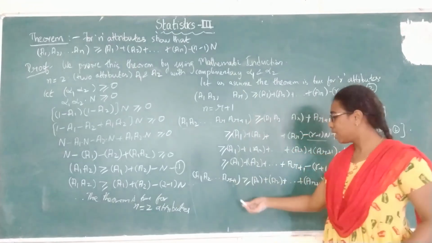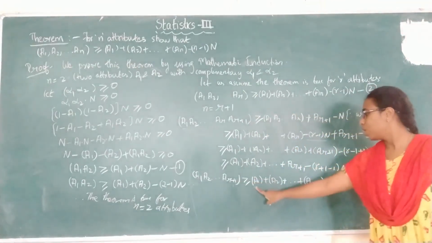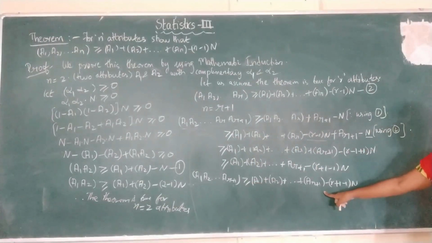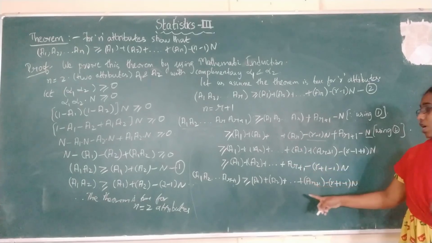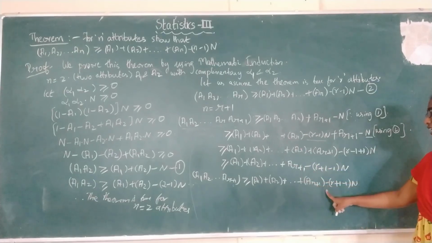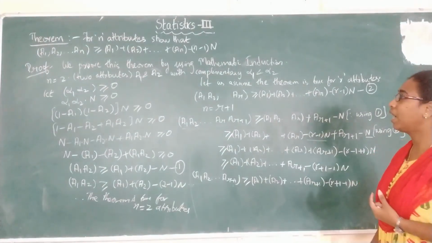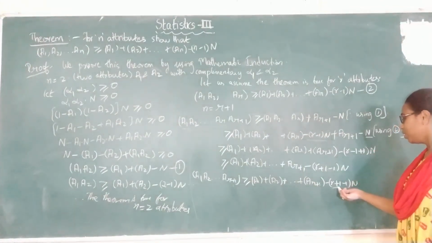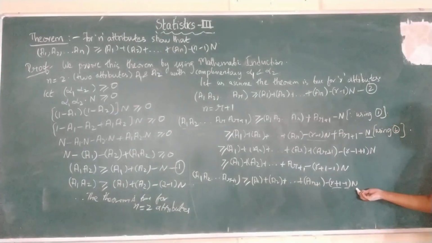N terms means up to r plus 1 terms you have. Here the n value is r plus 1. So up to r plus 1 you have to get the sums, that is a1 plus a2 plus up to ar plus 1 minus, you have to get n minus 1. In place of n we have r plus 1, so n minus 1 is r plus 1 minus 1, into capital N.